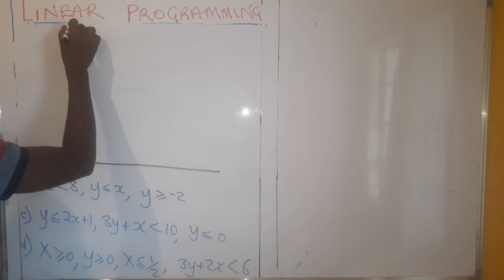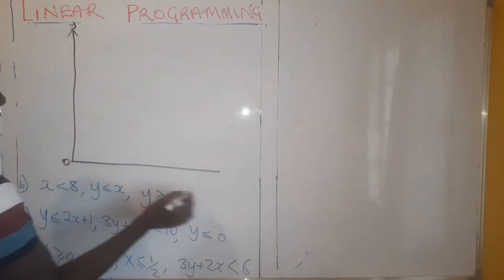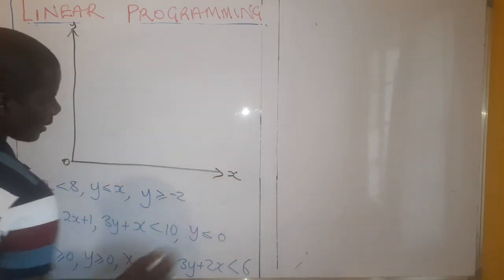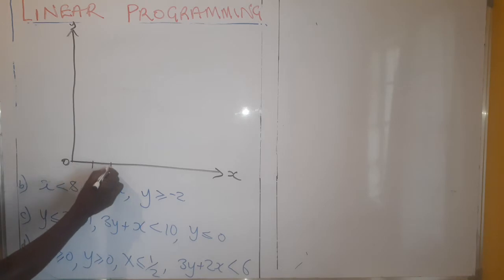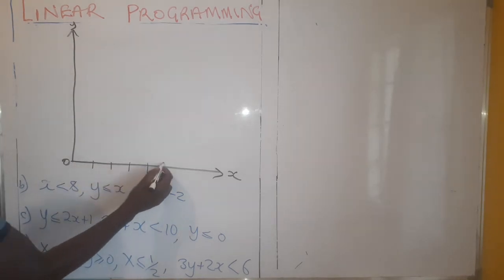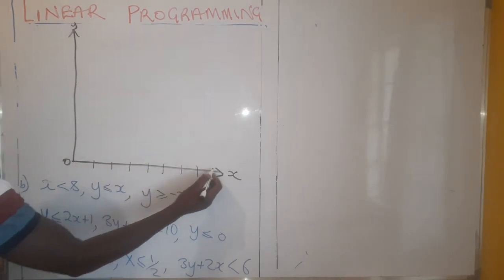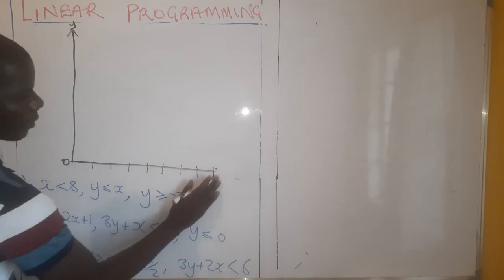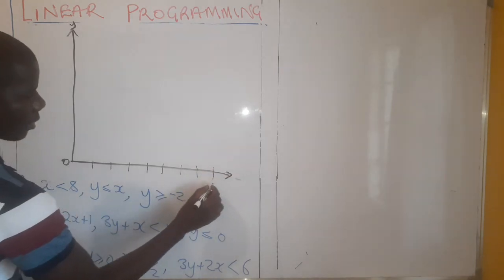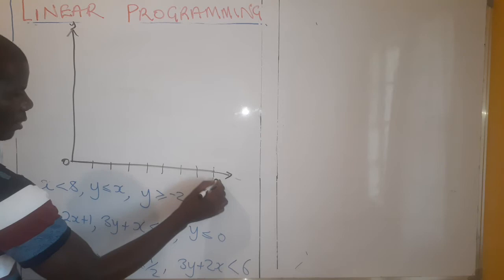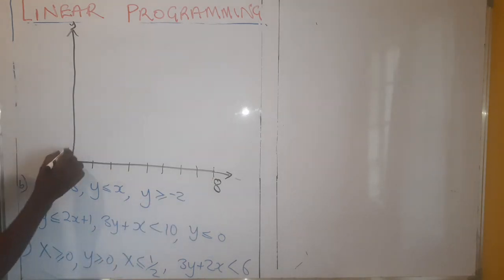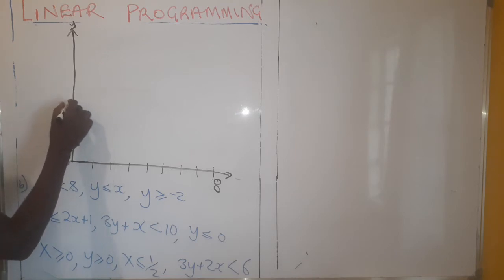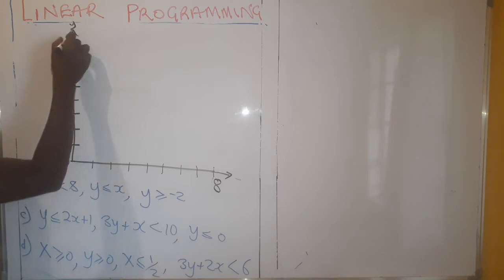Y, 0. What do we have? X. So this is our x. So I said we say 1, 2, 3, 4, 5, 6, 7, 8. 8 here, isn't it? Then this side we can also have 1, 2, 3, 4, 5, 6, 7, 8, like that.